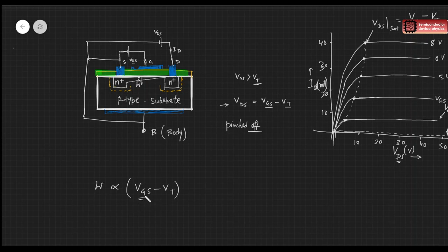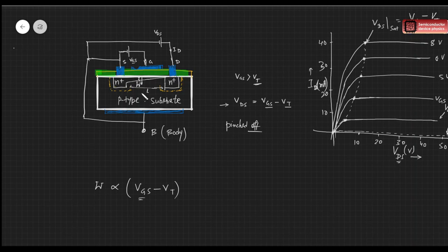So it's proportional to the gate to source voltage, and this length is called L. This gate length, this is L, and this W is the depletion layer width. For a higher VDS, this width is not constant, but for a very low value of VDS, this channel width will be almost constant throughout the channel, throughout this gate region. Okay, so that is W.